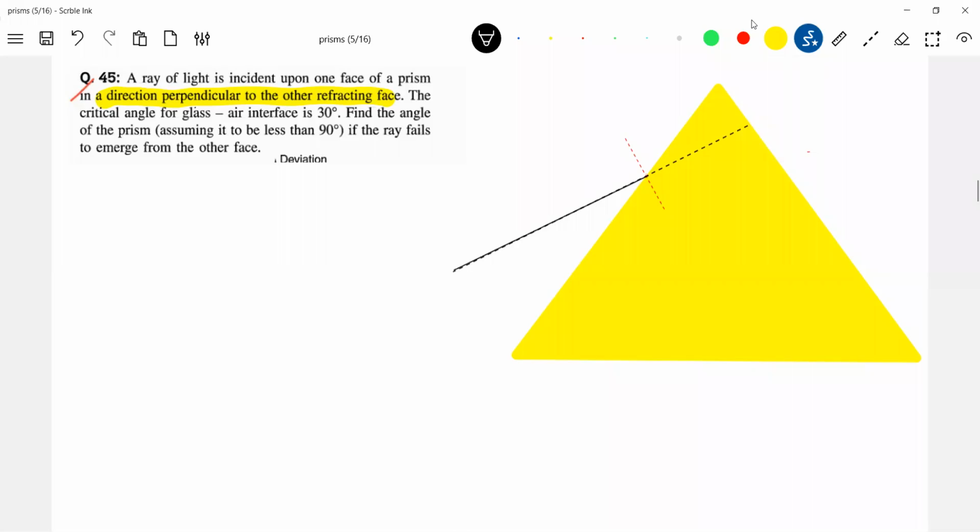Afterwards, what will happen? The critical angle for the glass air interface, so I'll just put it.